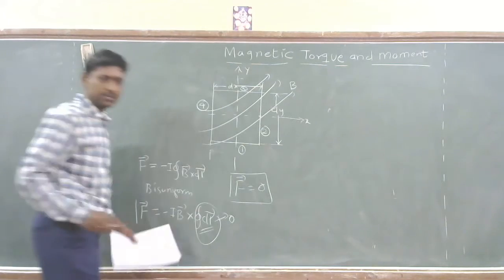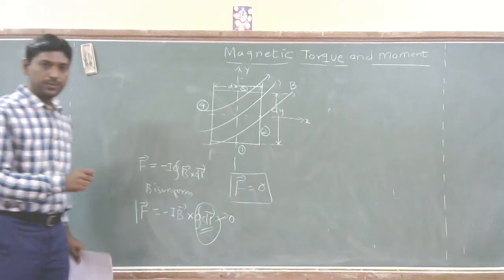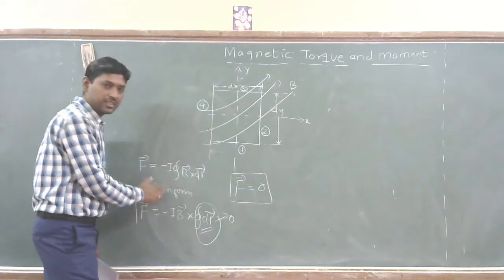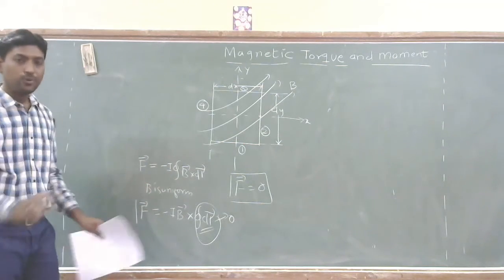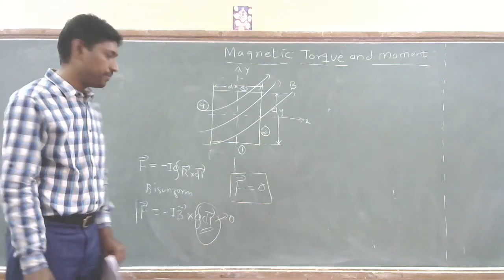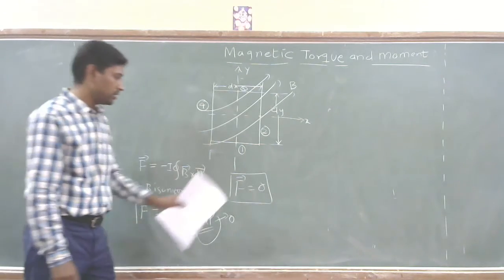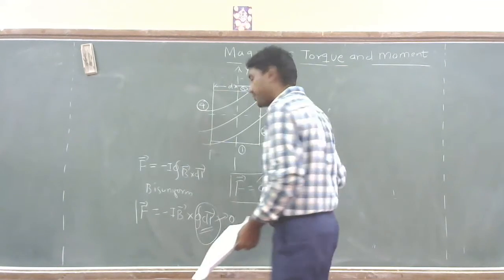So this is something interesting. The total force on the loop, which is placed in a uniform B field, will be 0. This must be the condition: the B field must be uniform. It doesn't really mean that the torque will be 0, because the forces are acting at different points.